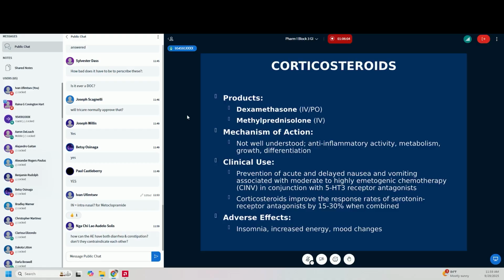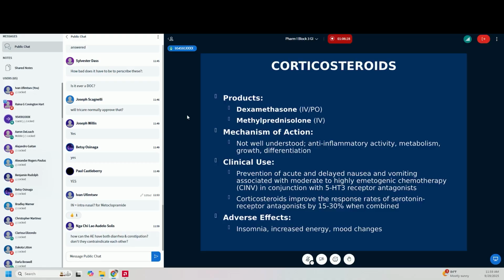Looking at our mechanism of action, not very well understood, but we do know that our corticosteroids help with inflammation. So we're getting those anti-inflammatory responses, but how it directly connects to decreasing the nausea and vomiting, we are not sure. Looking at your clinical use, you see again that chemo-induced nausea.